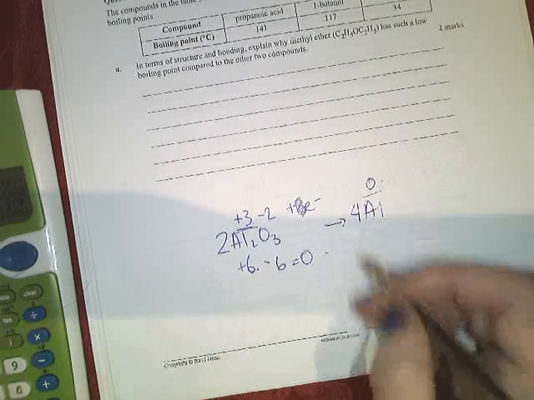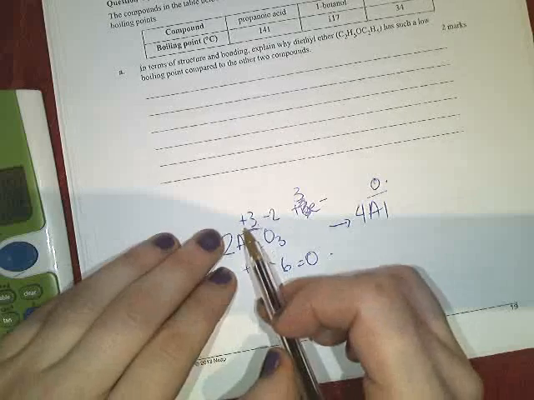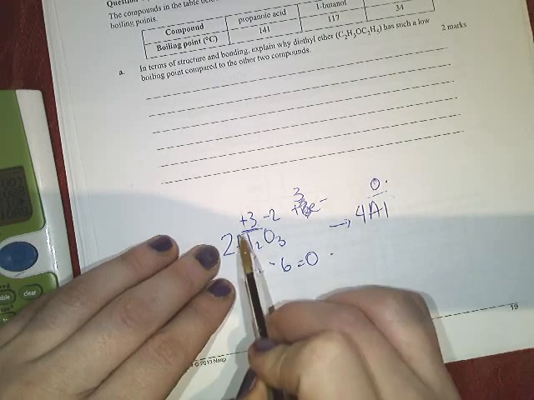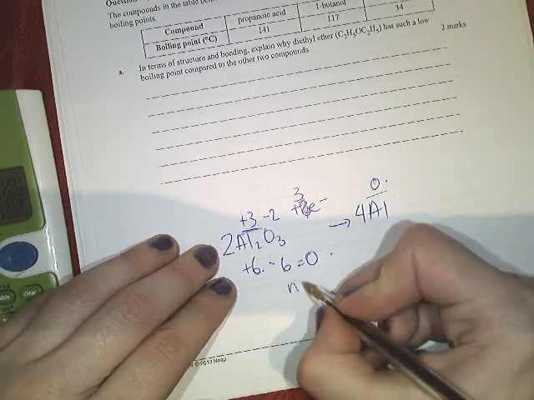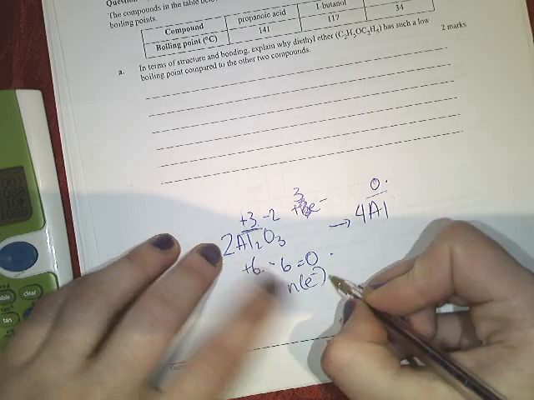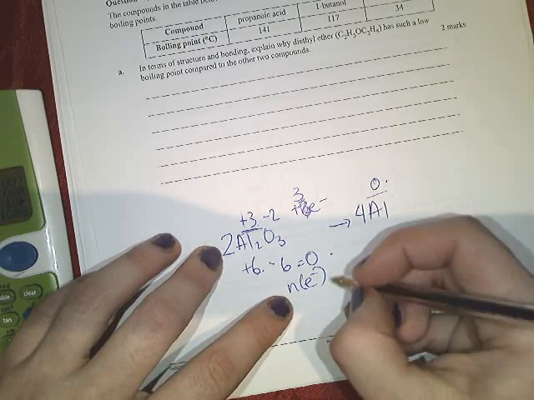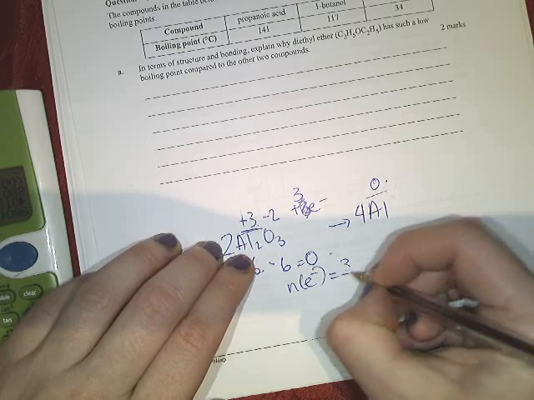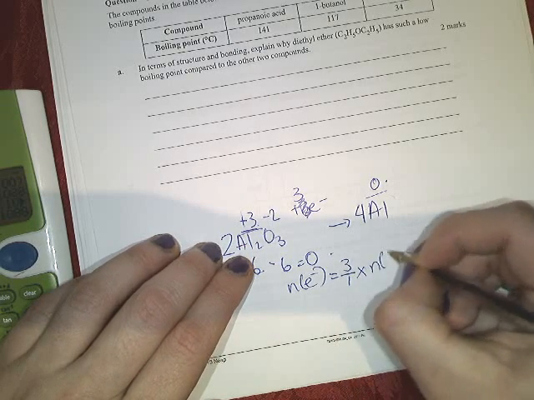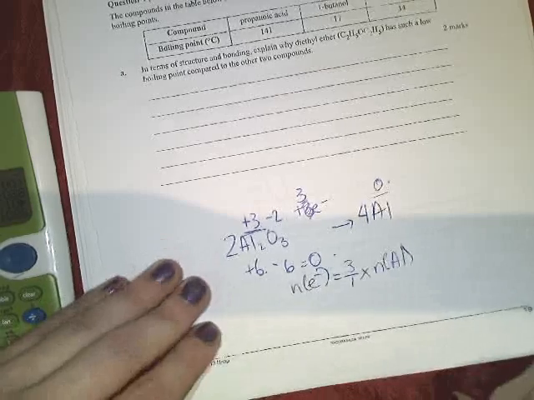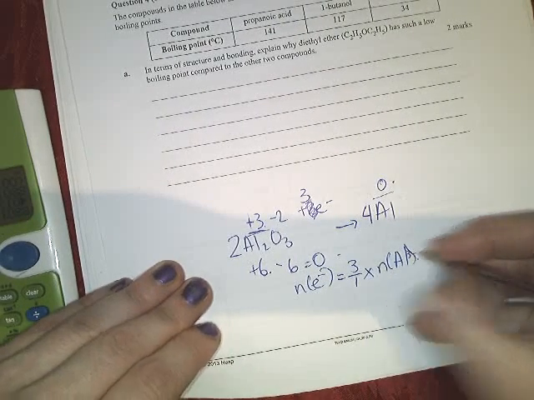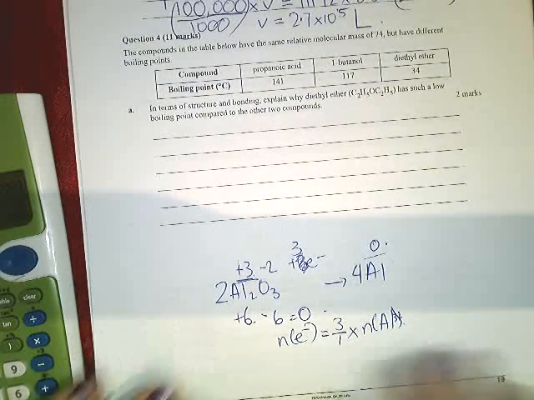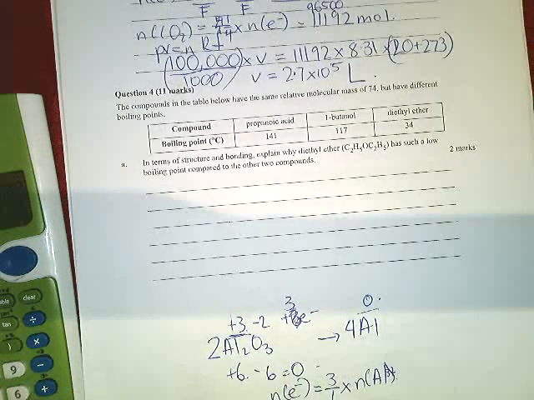But each aluminium has gone from a +3 to a 0. So the mole ratio, if we have the moles of electrons, the moles of electrons will be 3/1 times the moles of aluminium, or Al3+, same thing. Okay, so in this case, let's have a look at question 4.